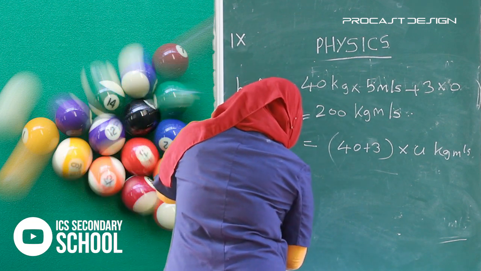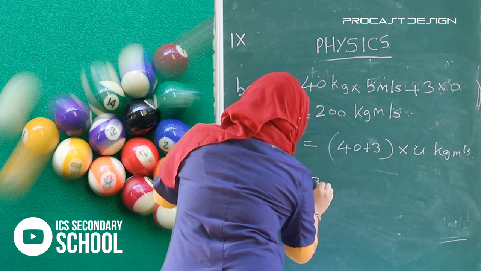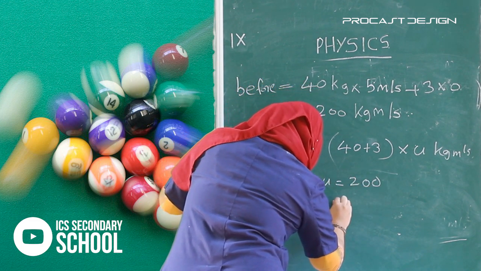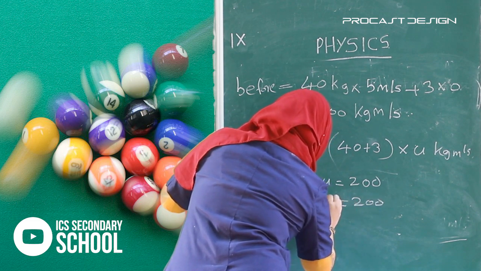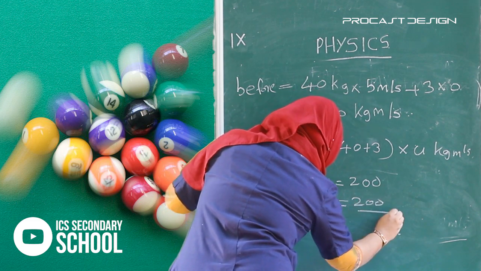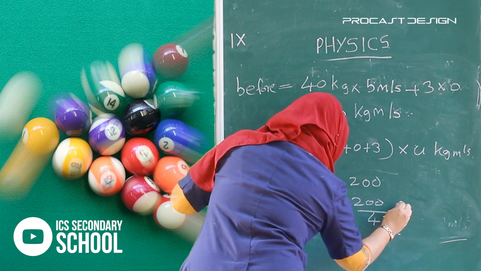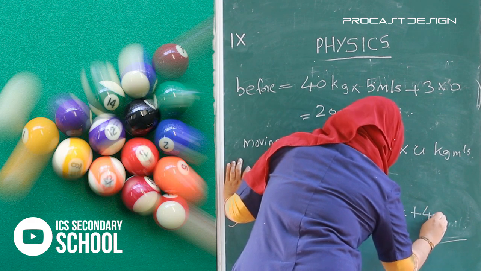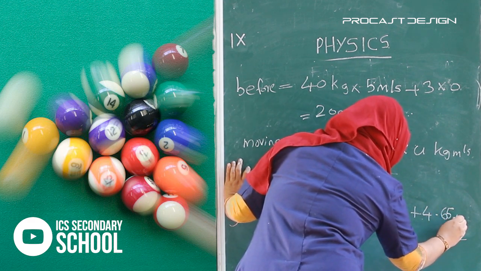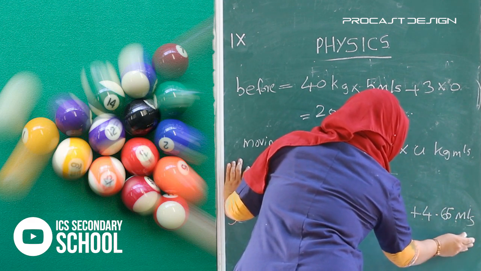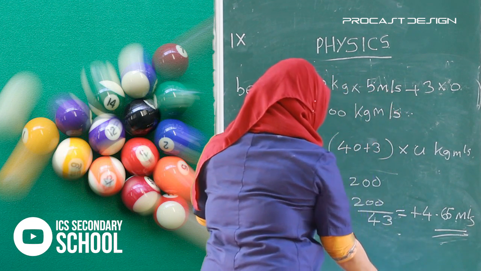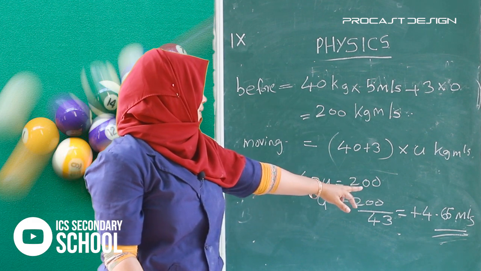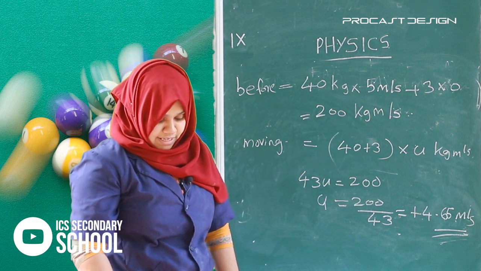So we can write 43u is equal to 200. You get u is equal to 200 divided by 43, which is plus 4.65 meter per second.